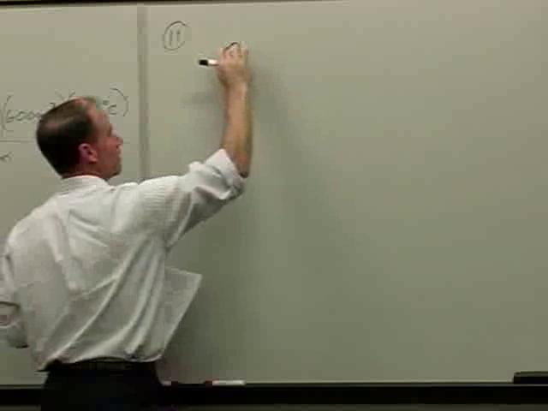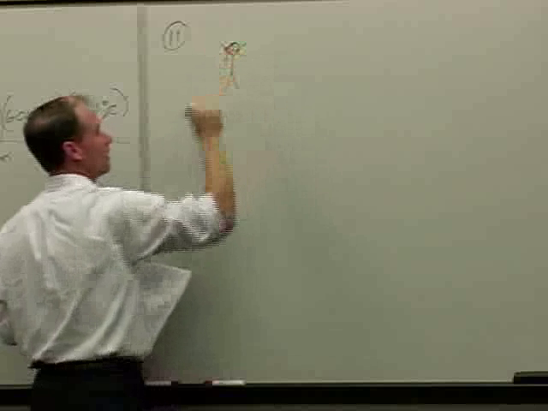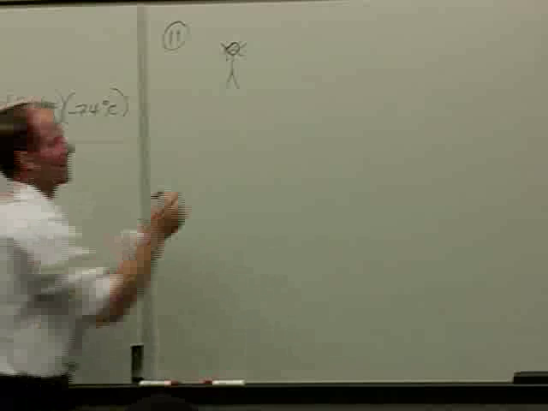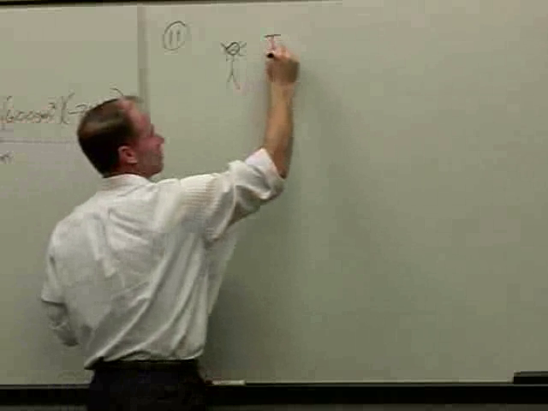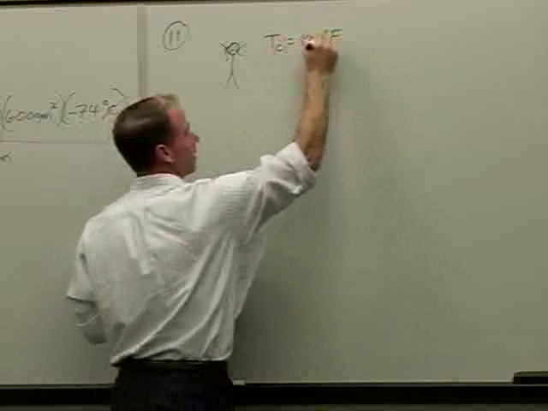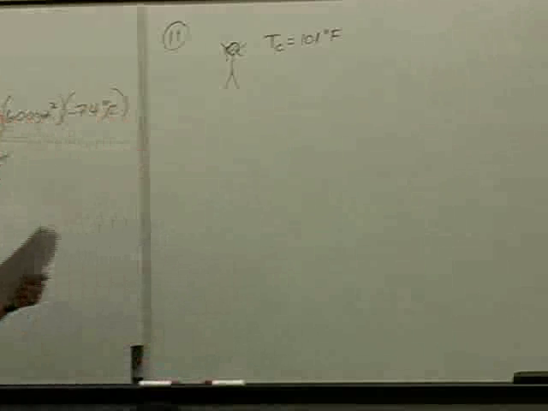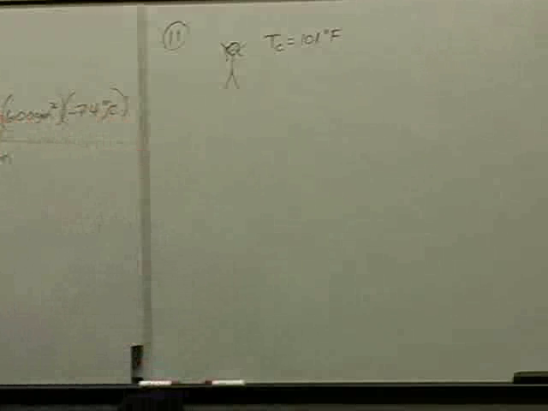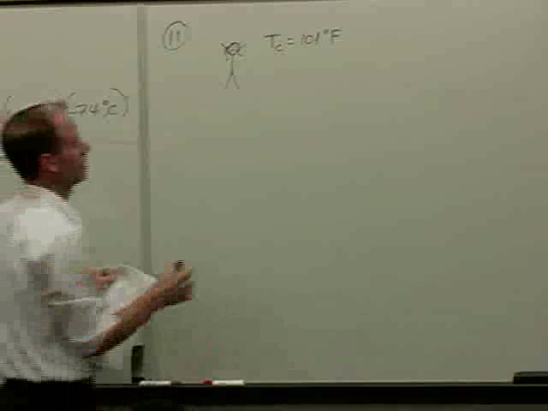Actually, we have a child with a temperature. So, the temperature of the child is 101 degrees Fahrenheit. Not good. And the temperature of the surrounding room is 70 degrees Fahrenheit.